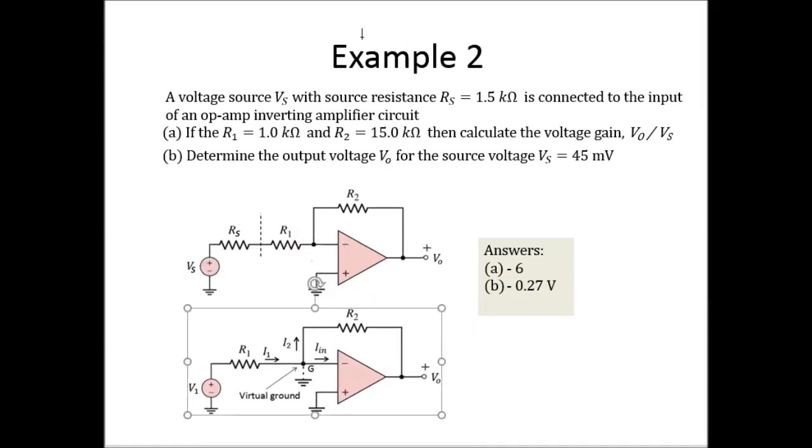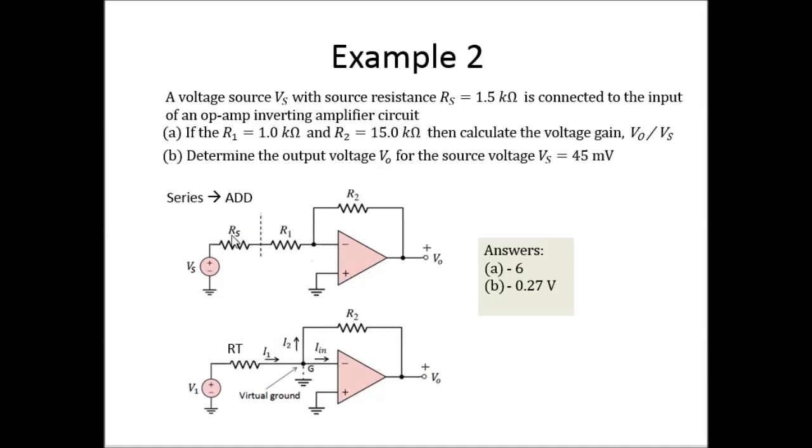These two resistors are connected in series, so we should add them, the equivalent resistance. Just add Rs and R1, so you are left with one resistor. Let me call this RT, the total resistance.